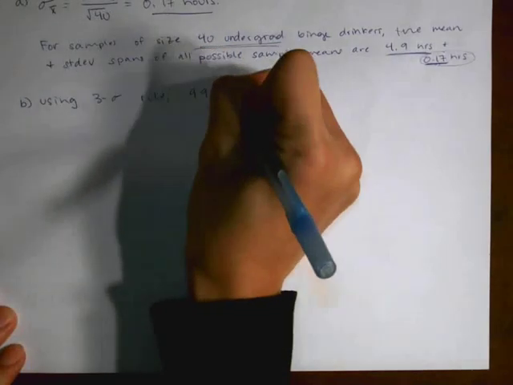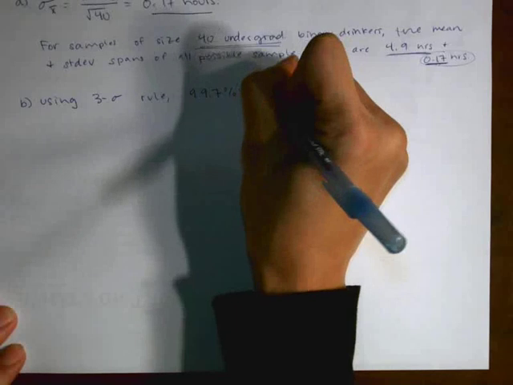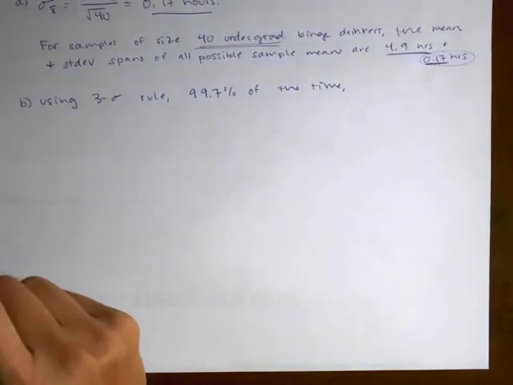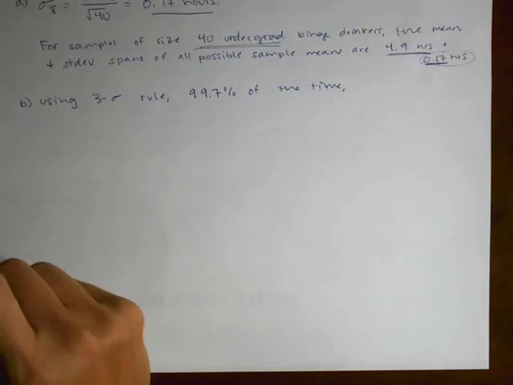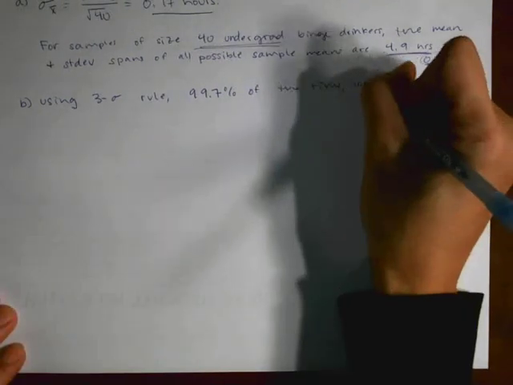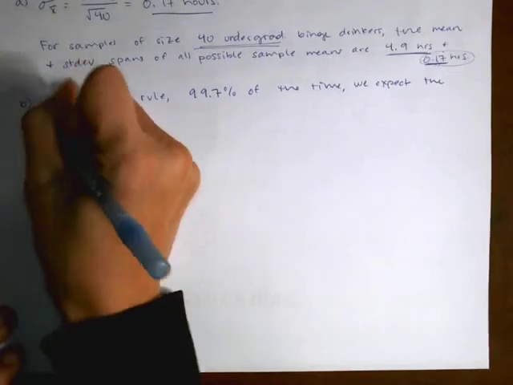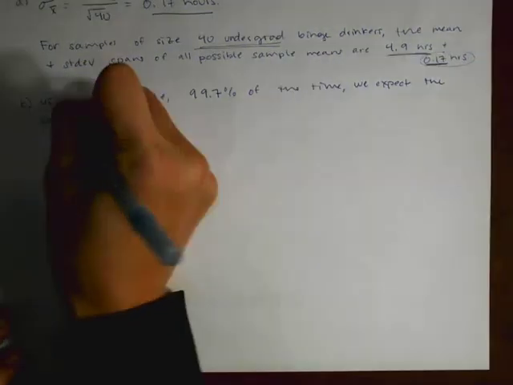So, 3 sigma rule, 99.7% of the time, we expect the sample mean to fall within 3 standard deviations of 4.9 hours.